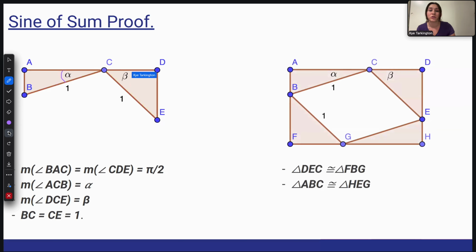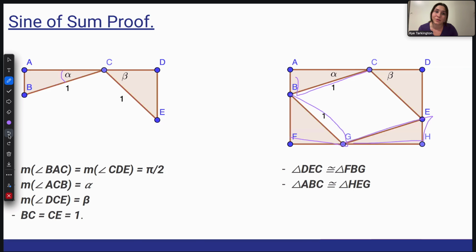And then using B2, we are going to construct congruent triangles, such that GEH is congruent to CBA, and this triangle here, BGF, is going to be congruent to CDE.